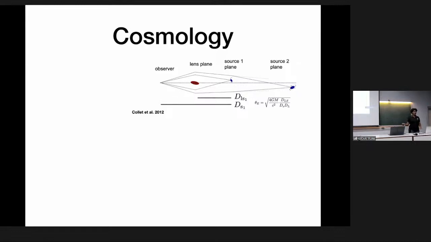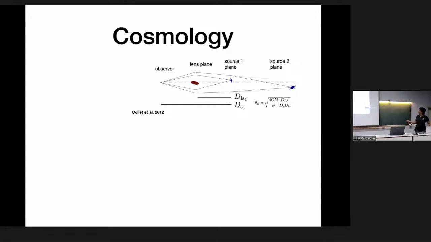So this is the idea of these double source plane lens systems, where you have one observer, you have a lens plane, and then you have multiple sources that happen to be there in the line of sight of a single galaxy. For galaxy clusters, you always have multiple sources, so that's nothing unique. Here, this is a unique case where we can have multiple sources behind the single galaxy.